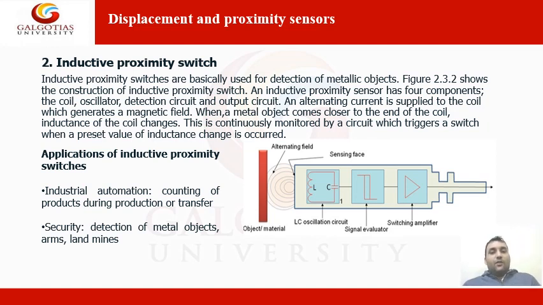When a metal object comes closer to the end of the coil, the inductance of the coil changes. This is continuously monitored by a circuit which triggers a switch when a preset value of inductance change occurs. So this is the object.